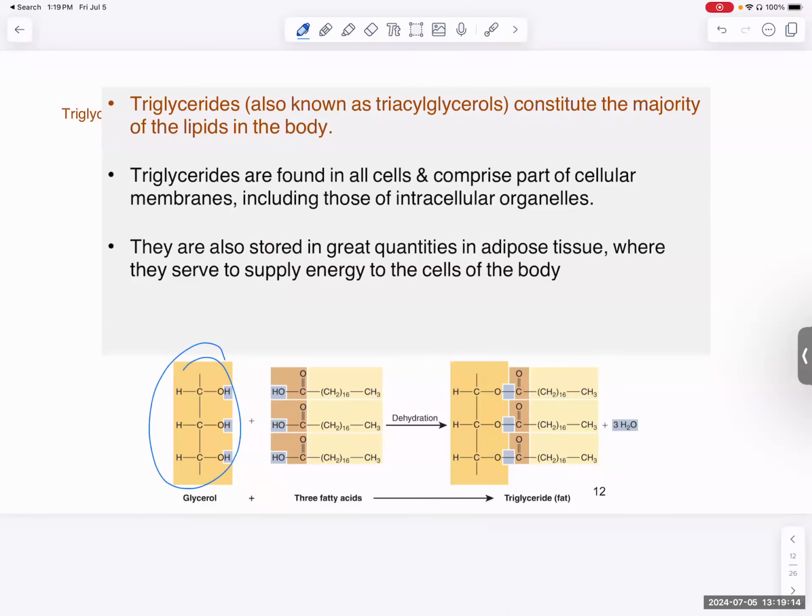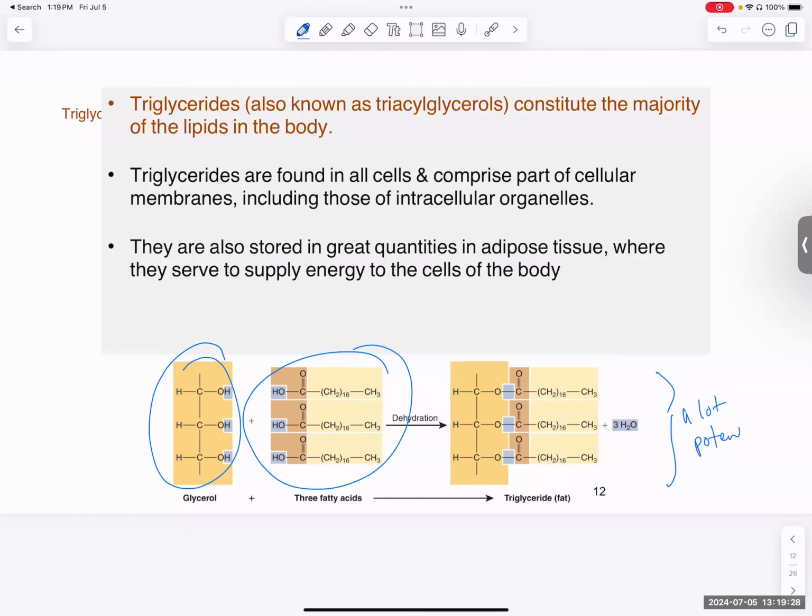Triglycerides, there's a glycerol with 3 fatty acid tails. And because of the tremendous amount of carbons and bonds between the carbons, there is a lot of potential energy in these bonds. And there's a lot of bonds.